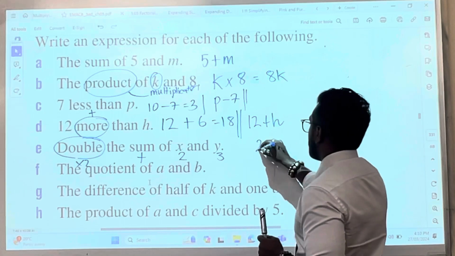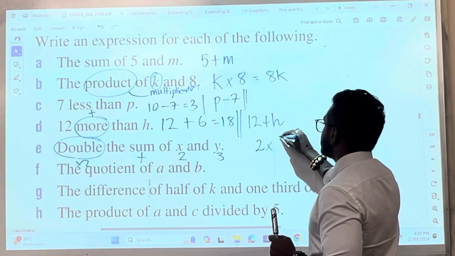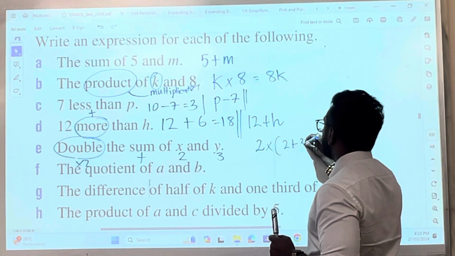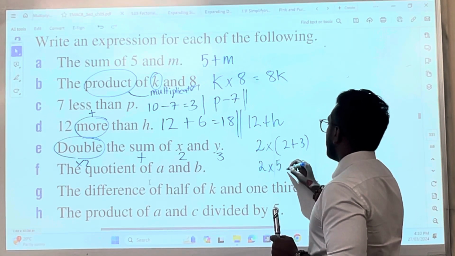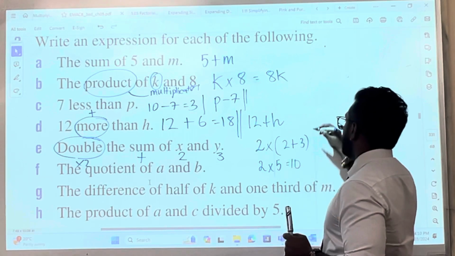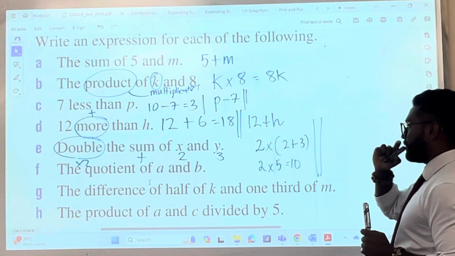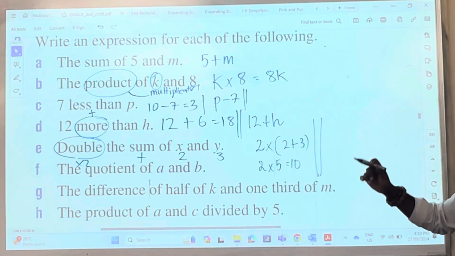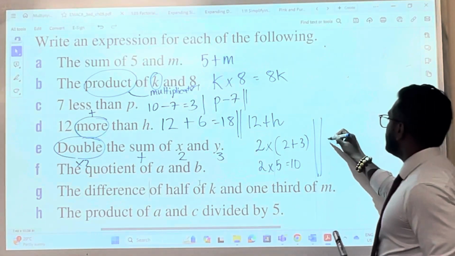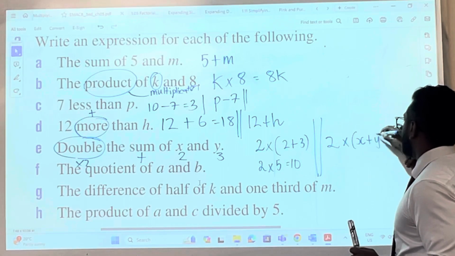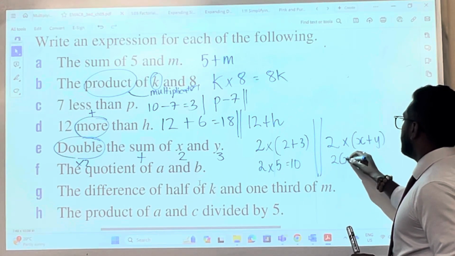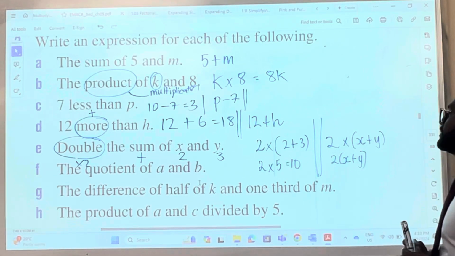So what does that mean? Double the sum of 2 plus 3 is 2 times 5, which is 10. What do we have in this question? We have no numbers, but we have letters. So double the sum of x and y is 2 times (x plus y).